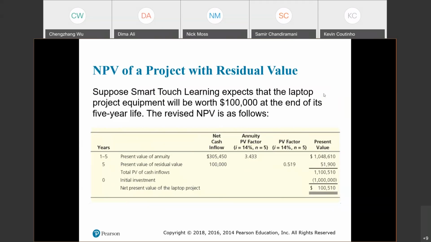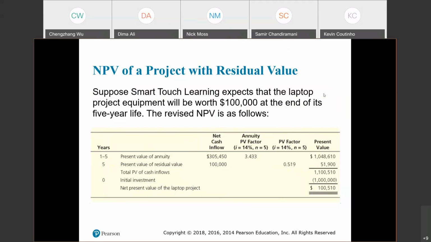Let's suppose that Smart Touch Learning expects the laptop project equipment will be worth $100,000 at the end of its 5-year life.